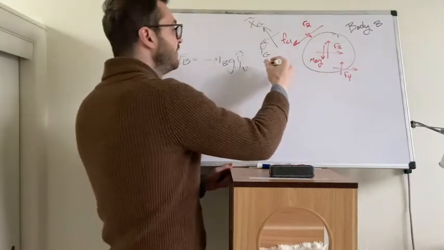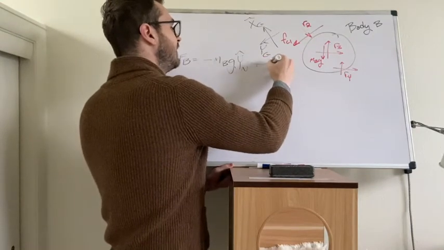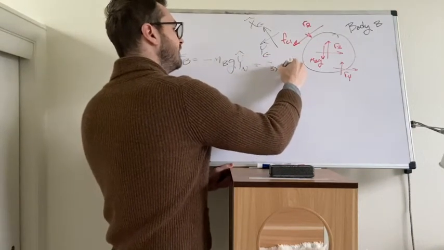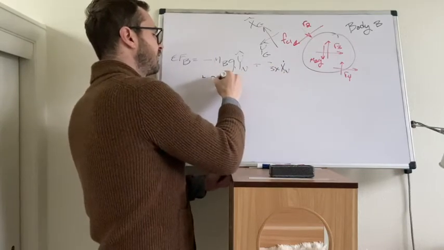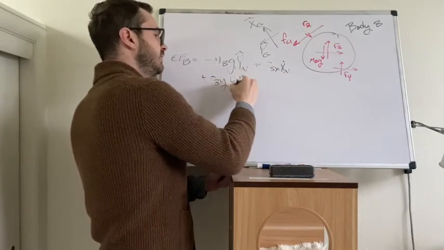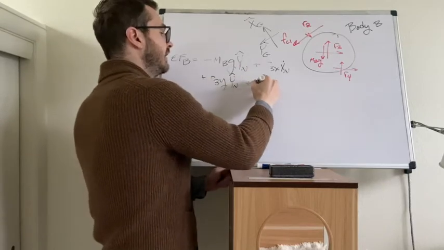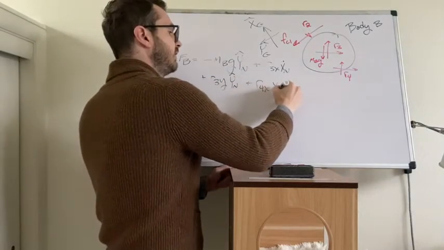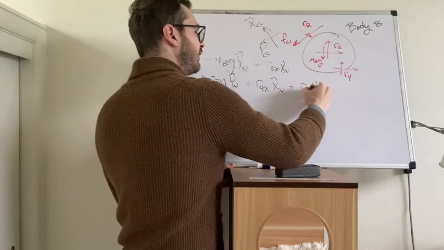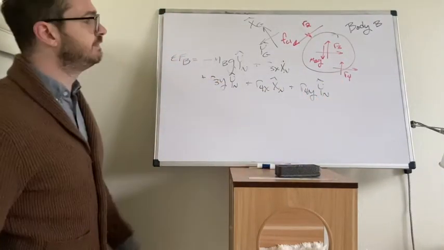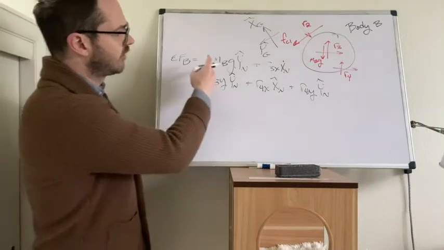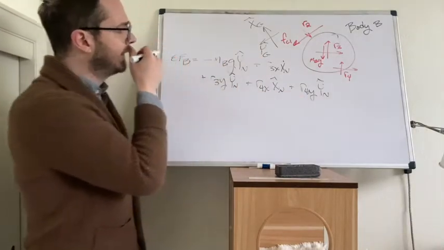Both sets are positive on this body, so that's plus R3x xn, plus R3y yn, plus R4x xn, and R4y yn. Okay, gravity, R3, R4, good.